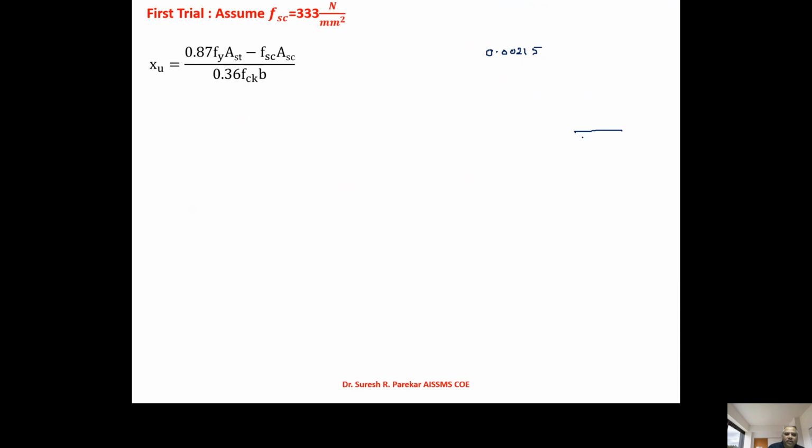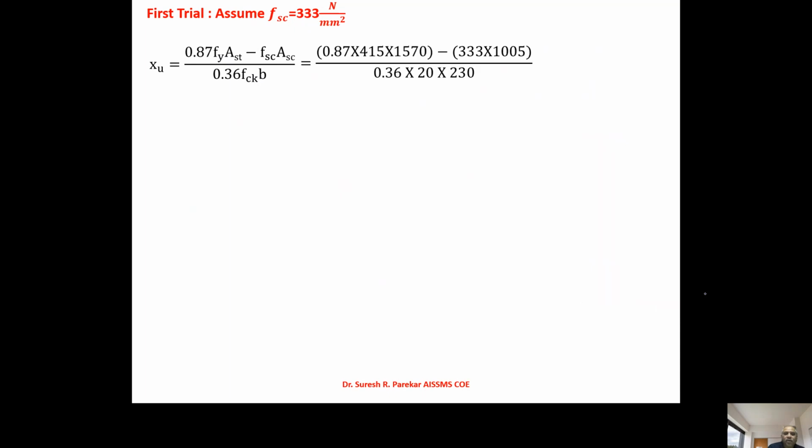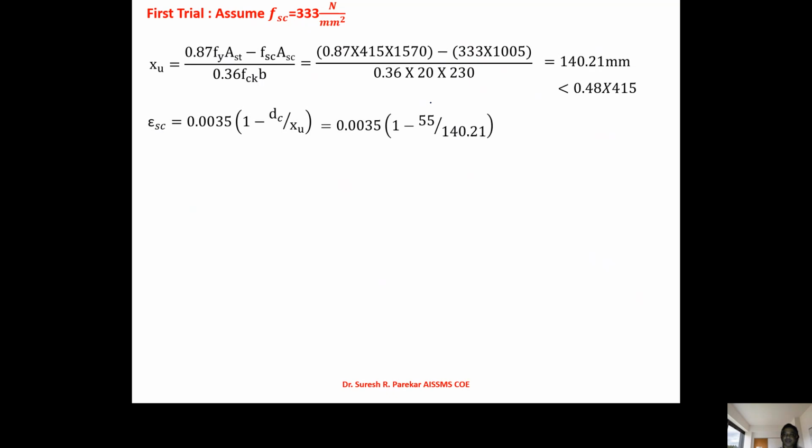Then by knowing these values, we will get the value of XU by substituting these values in the equation. So now we will put these values: 0.87, 415, 1570 minus 333, which we have assumed, and from this we will get XU 140.21 mm. Now epsilon SC we know. We have epsilon SC, that is 0.0035 minus DC upon XU, and we will substitute this value.